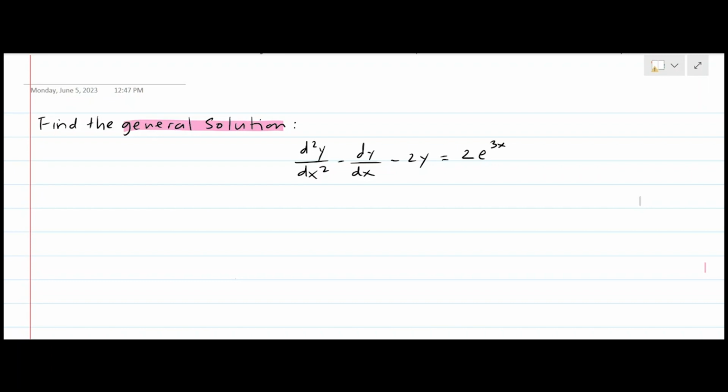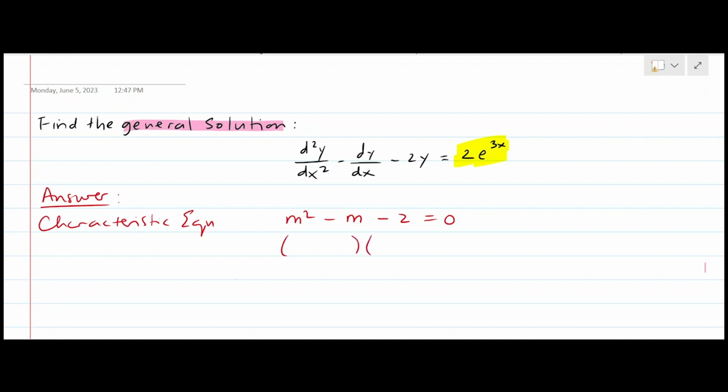So from here, the characteristic equation is m² minus m minus 2 equals 0. We're going to leave the non-homogeneous part for a later stage.